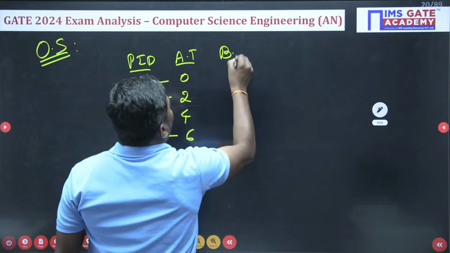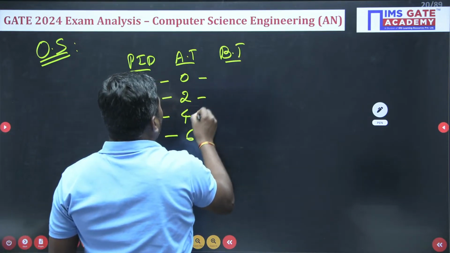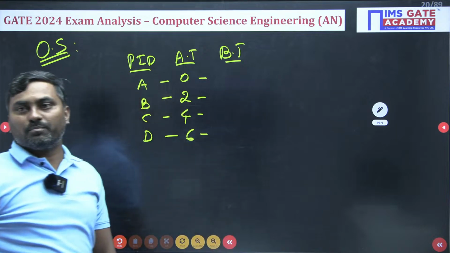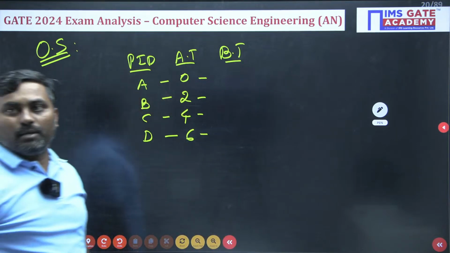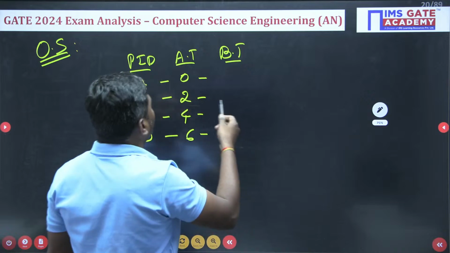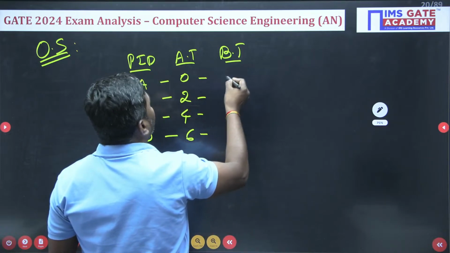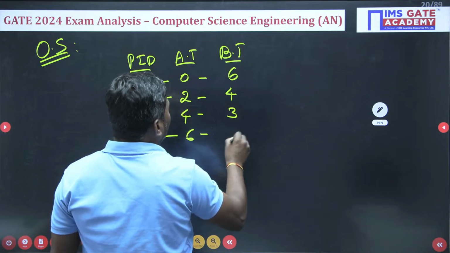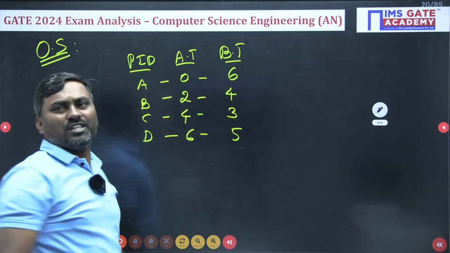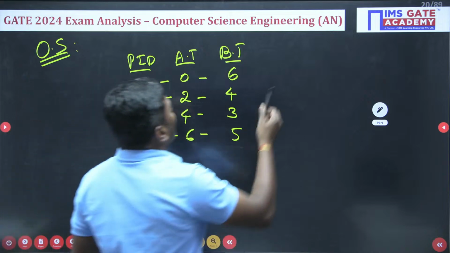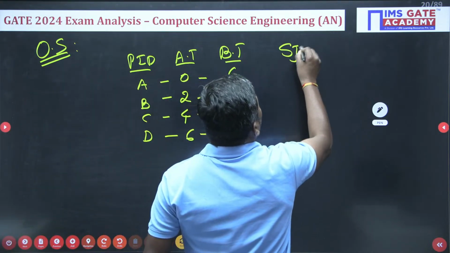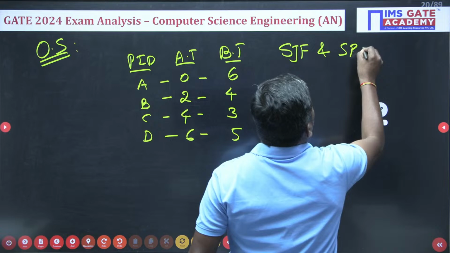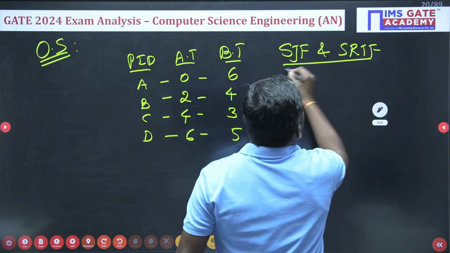And burst times, if any of you remember, you can tell me. The burst times I think were 6 units, 4, 3, 5, something like that. These values are changing, but similar to this. They used shortest job first and shortest remaining time first algorithms, both.